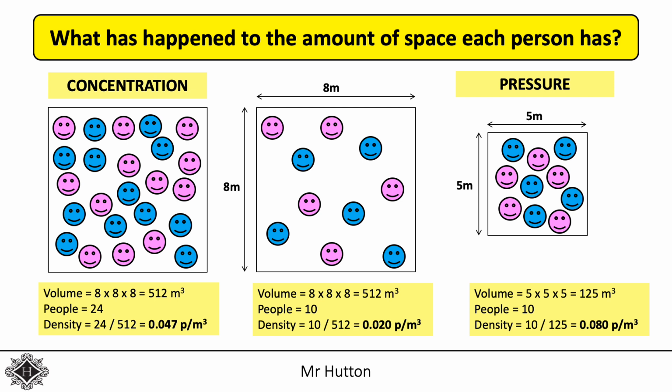All right, a quick calculation there. So the volume of the big room is 512 meters cubed. So that's the same for the diagram on the left and the diagram in the middle. The volume of the room on the right, 5 times 5 times 5, is only 125 meters cubed. So the volume is smaller there.